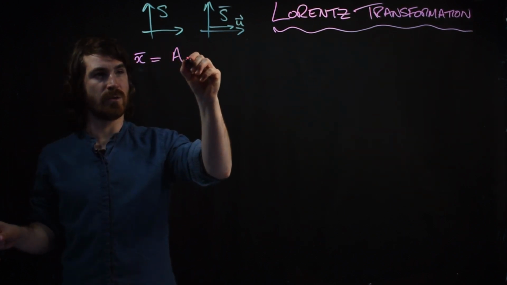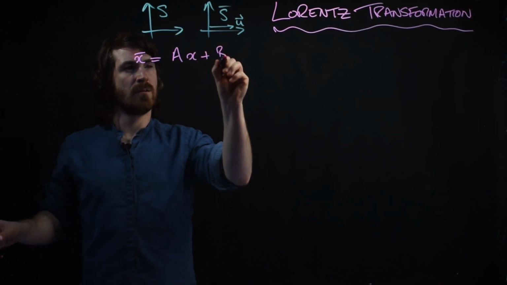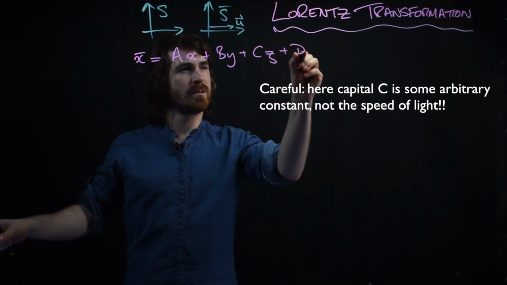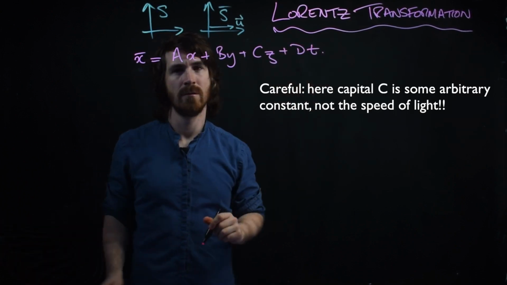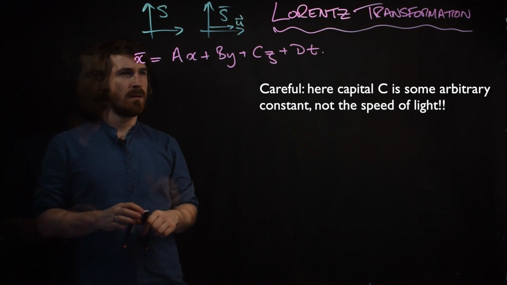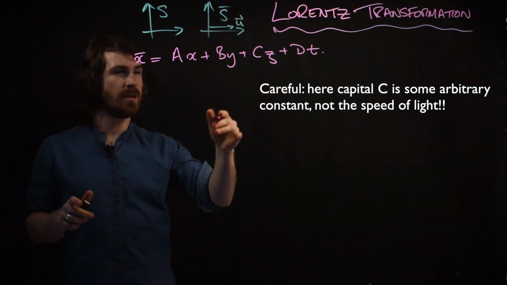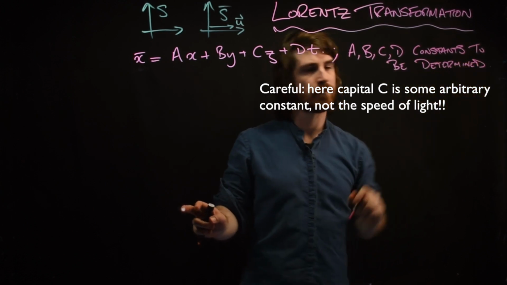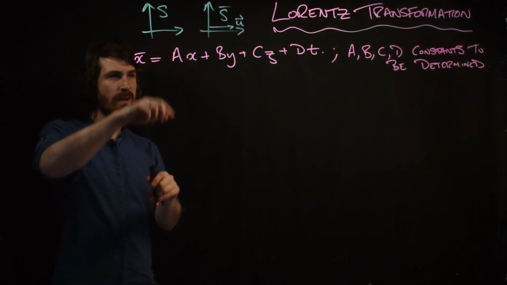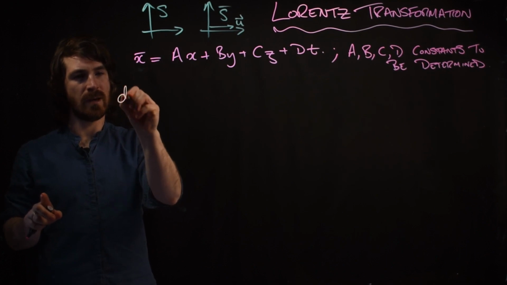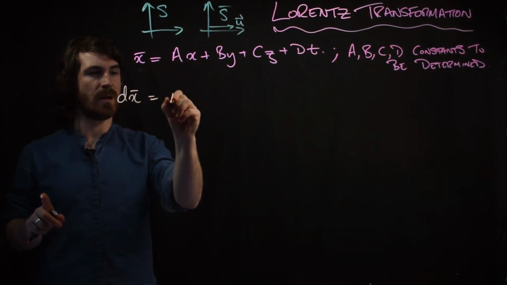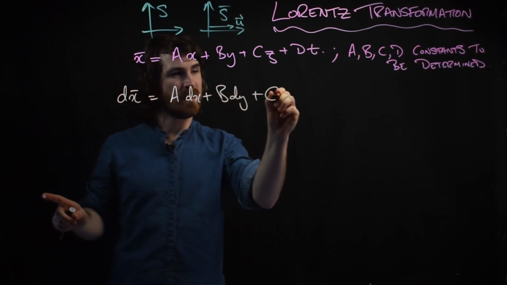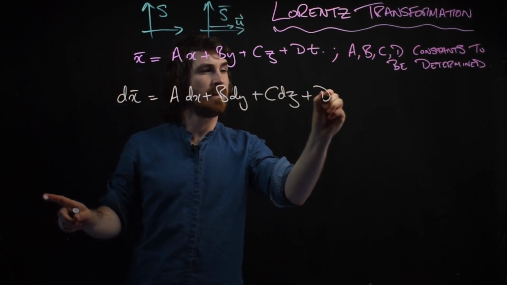We've got four coordinates: x, y, z, and time. And a, b, c, and d are constants. Now if we think about the coordinate differential, dx bar, this will be a dx plus b dy plus c dz plus d dt.